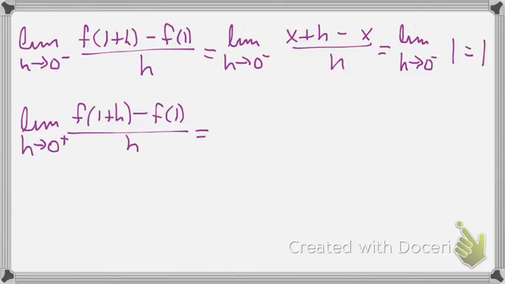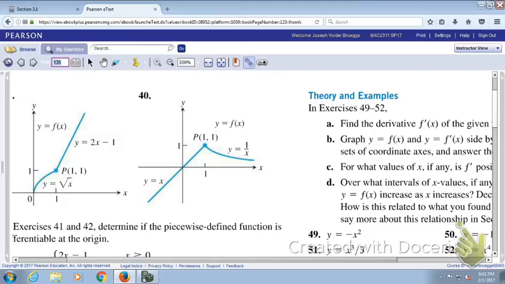So the approach from the right starts out the same. The limit as h approaches 0 from the right of f of 1 plus h minus f of 1 over h. So now we have the limit from the right. What function are we using? 1 over x.